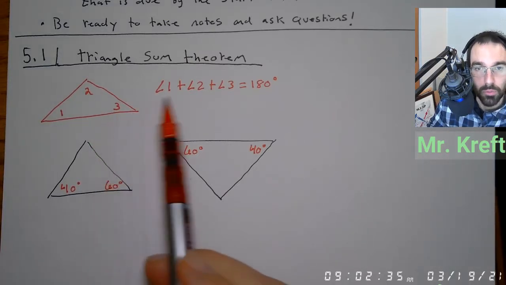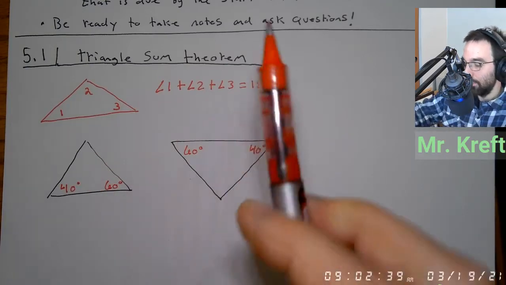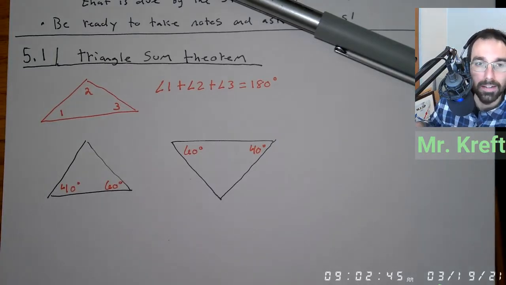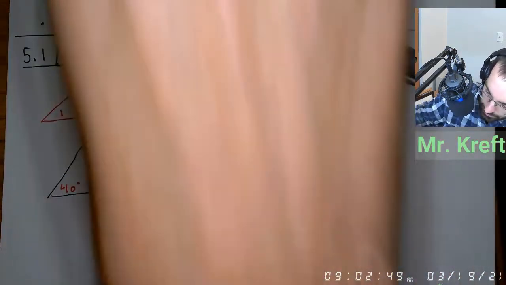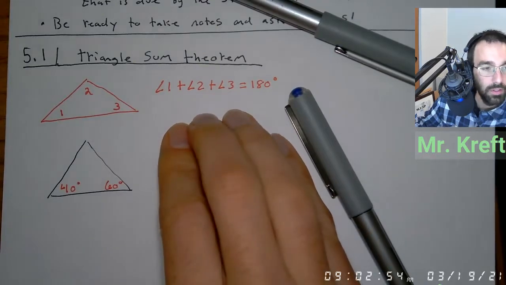Okay, so the triangle sum theorem is real basic. You did that in middle school, right? But this is going to be something a little bit new that we're going to be using a lot this trimester. Everything we're taking notes on, we're going to be using a lot this trimester. Okay, so the idea is if we just look at one of these, we can use the triangle sum theorem.